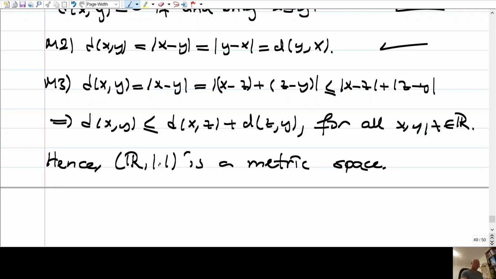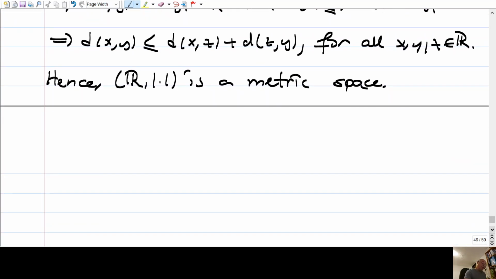Okay, I will call this the absolute value metric, dxy equals the absolute value of x minus y. This really, whenever you have two real numbers, just gives us the distance between these two real numbers.